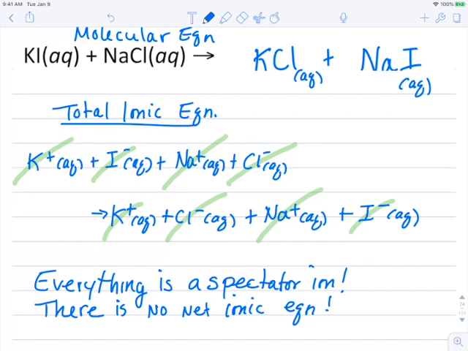So if you get 2 soluble ionic compounds for products, there is no reaction, and as soon as you identify that, you can say no reaction. But let's say you miss that and you keep on going, everything cancels out. So either way, you see that there's no net ionic equation.